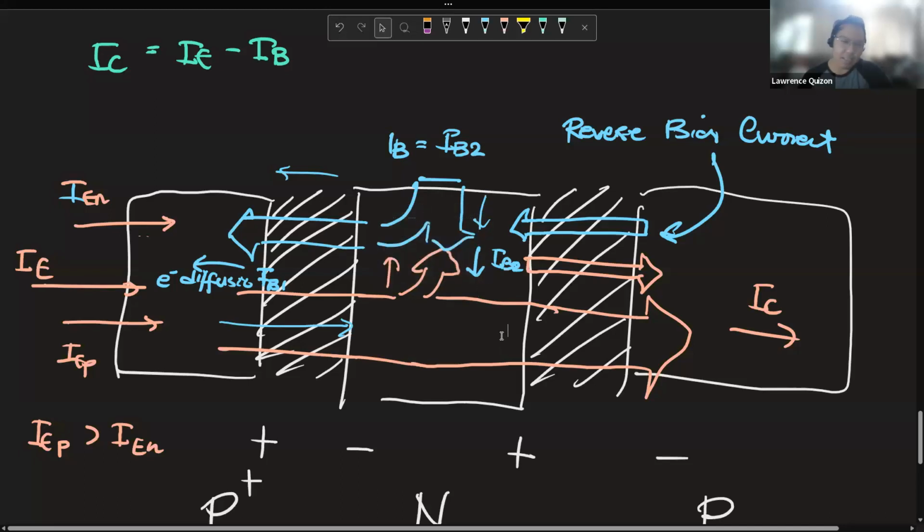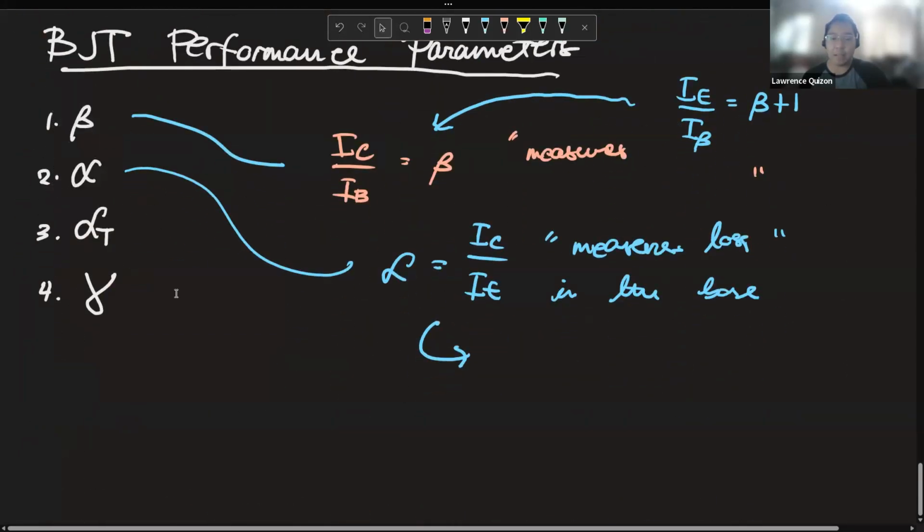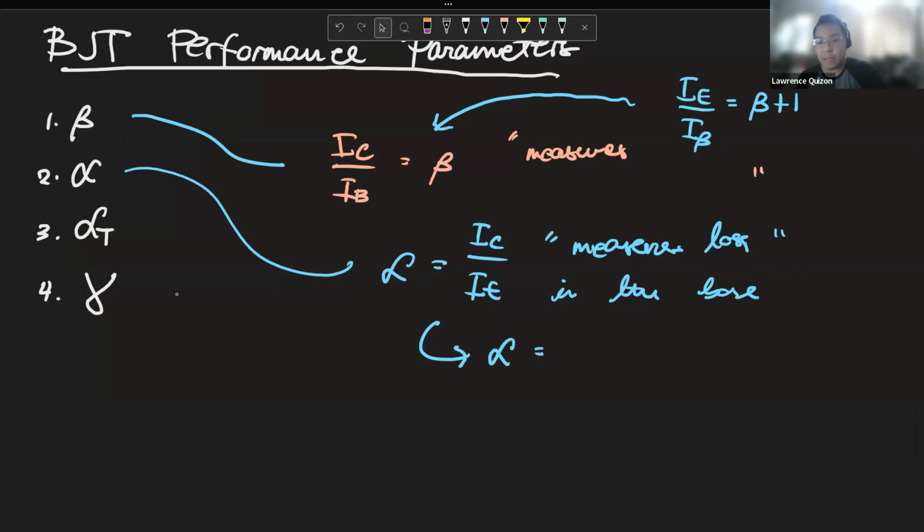But that's kind of the same thing as the measure that we use for IB versus IC. Kasi, ito is proportional to IE then, right? So actually, these two parameters, the beta and the alpha, are related to each other. In fact, alpha is actually beta over 1 plus beta, which tells us something.